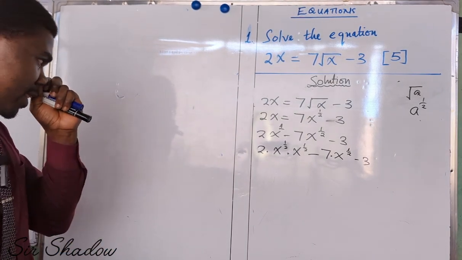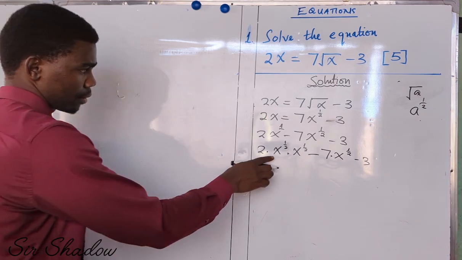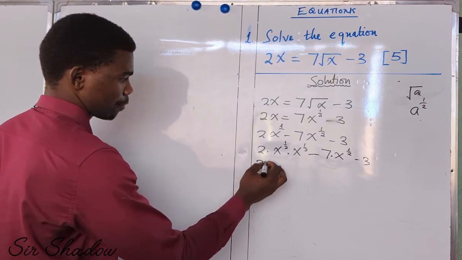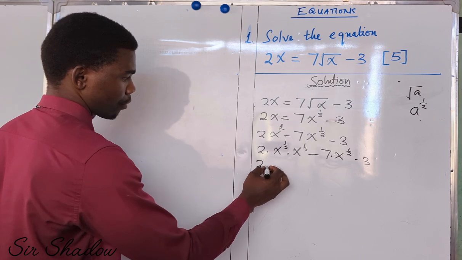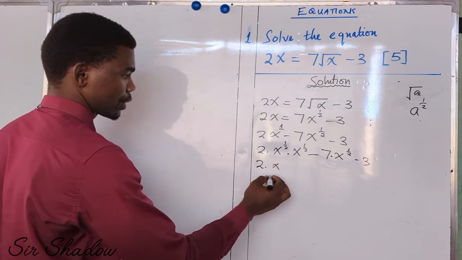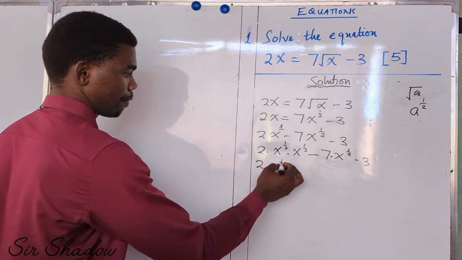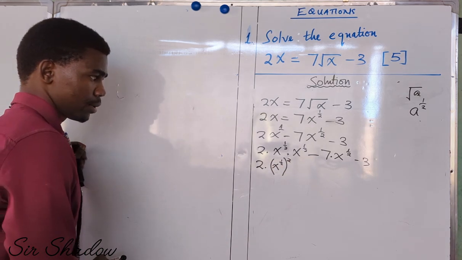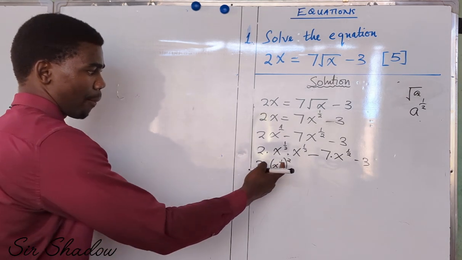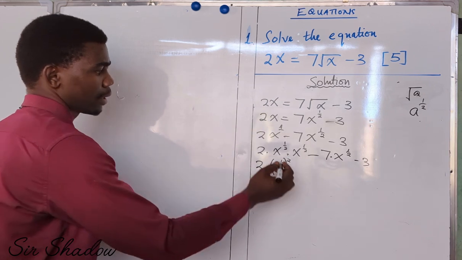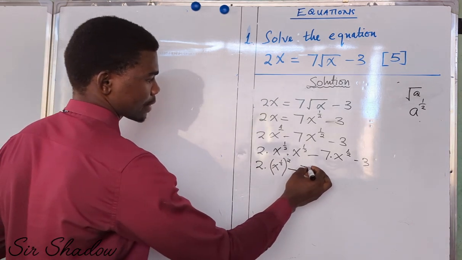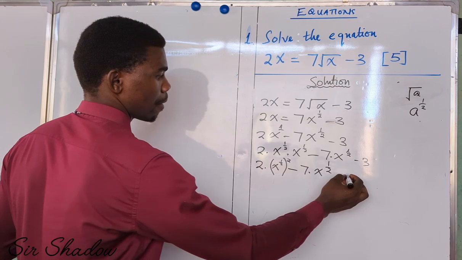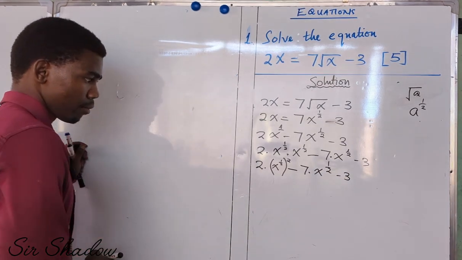By the way, this one is just a repetition, so I can just write it in this form: 2 dot x to the power half, everything to the power 2, right? Just remember, power to power, you multiply to get 1. Minus 7 x to the power half minus 3.